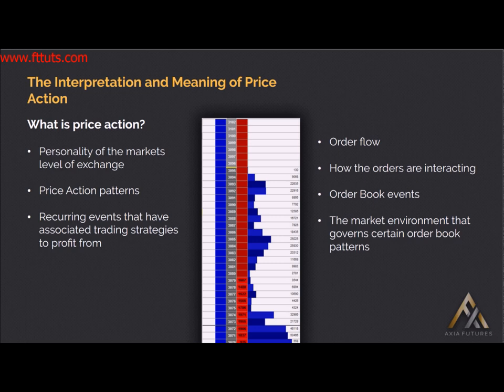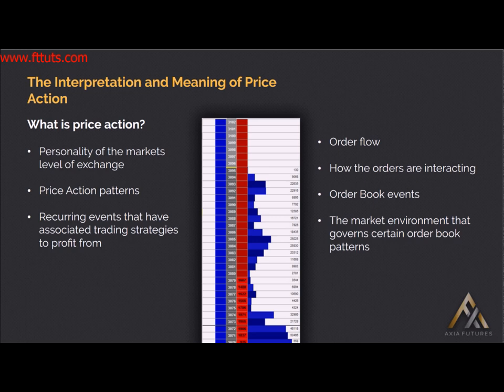From the personality, a whole bunch of price action patterns start coming out of the market. If the exchange on the order book is going through rather aggressively at a key technical level, then you're going to have a particular type of order flow pattern that you want to execute, and a particular type of price ladder action pattern that you'll be looking at.